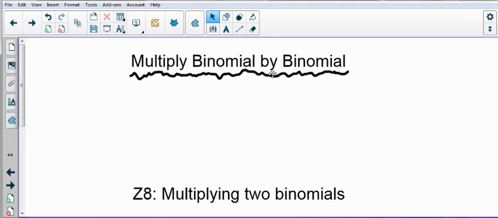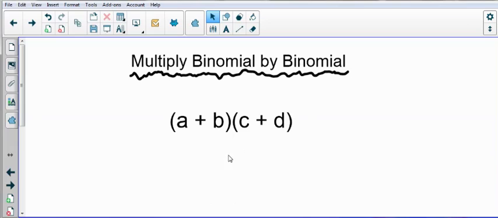So I would just put a squiggly line under that. Binomial times binomial is just two terms times two terms, and we're going to pick that up in Z8, multiplying two binomials.